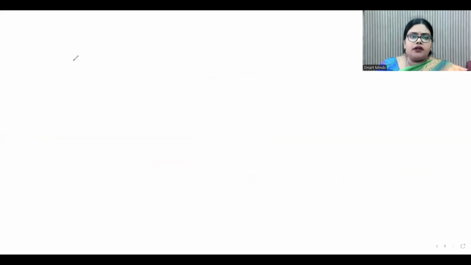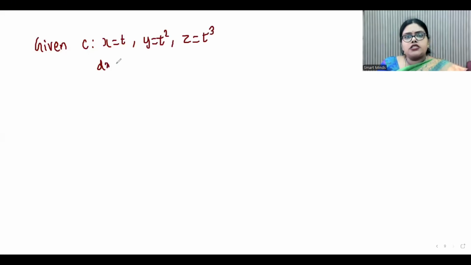Now what is given to us? Given C is x is equal to t, y is equal to t square, z is equal to t cube. So dx will become dt if you differentiate, dy will become 2t dt and dz will become 3t square dt.